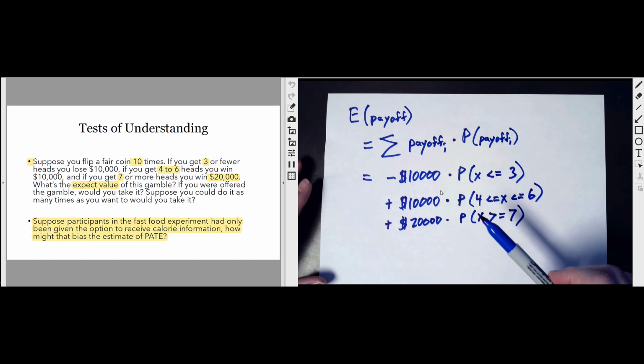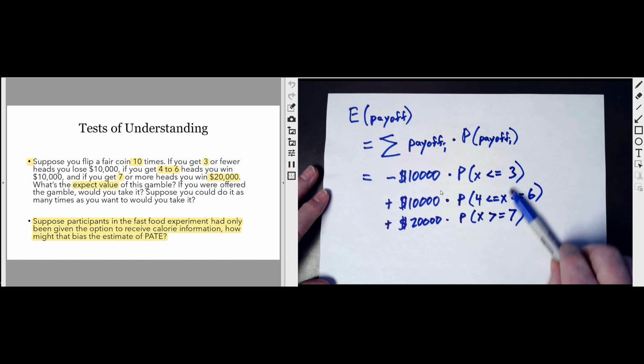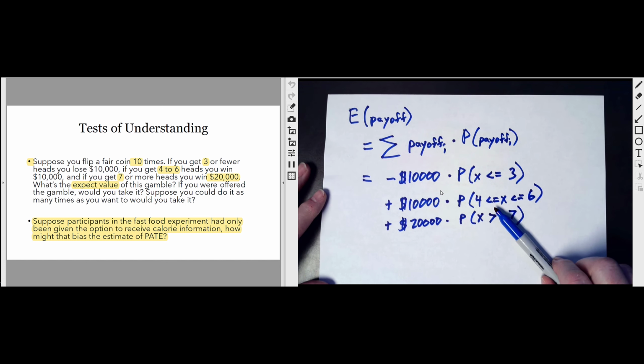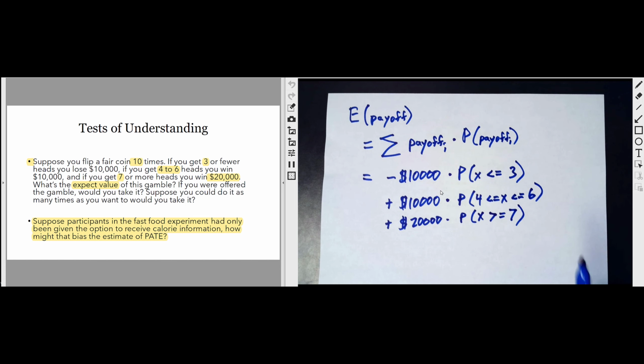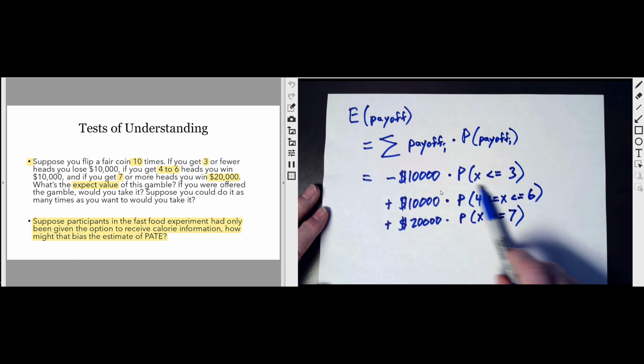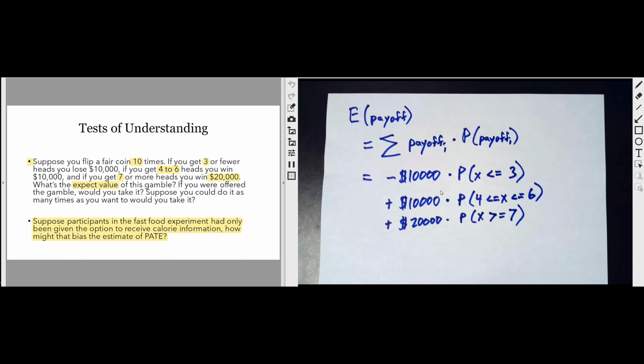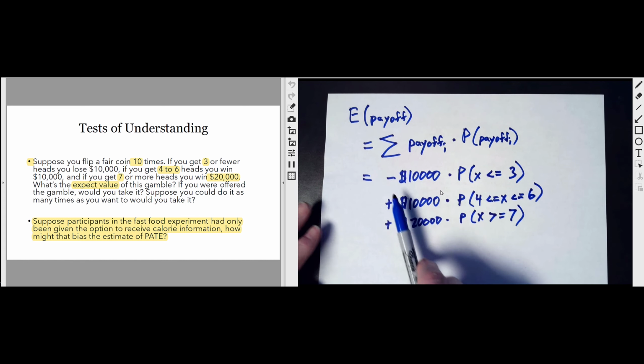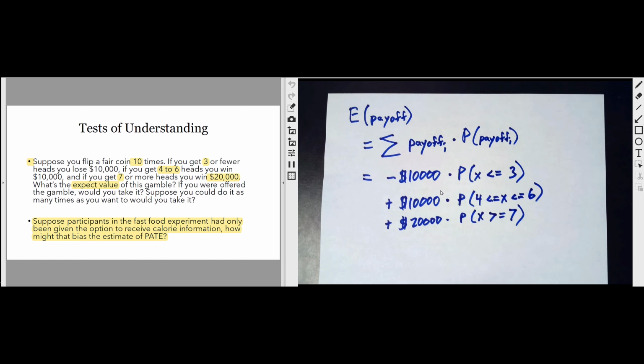Now, remember that the number of heads that we get out of these 10 trials is a binomial variable, so we're going to use our binomial widget to compute these probabilities, and then we can combine that with these payoffs to compute the expected value.